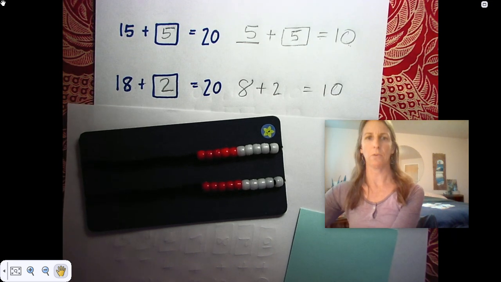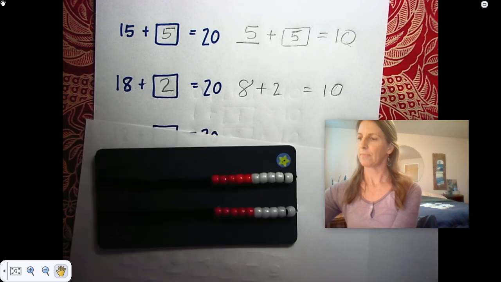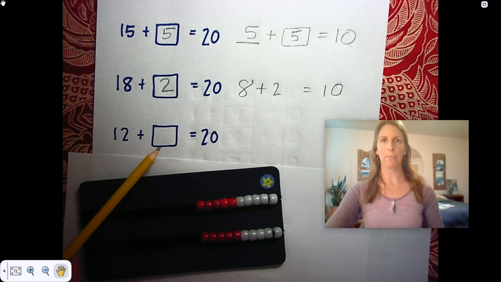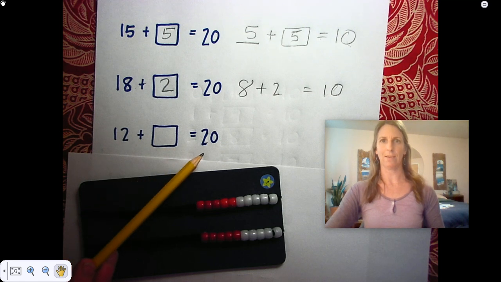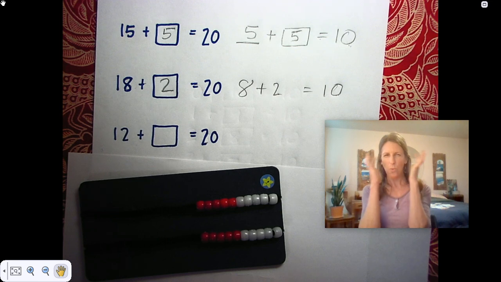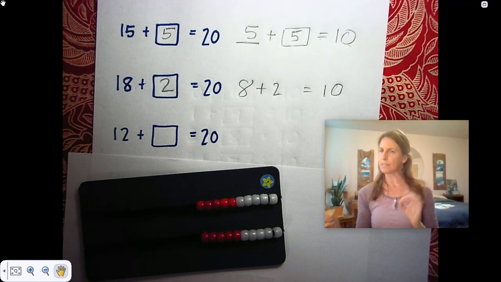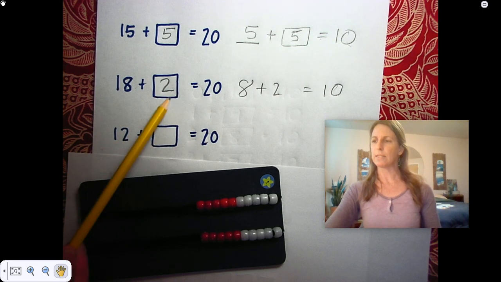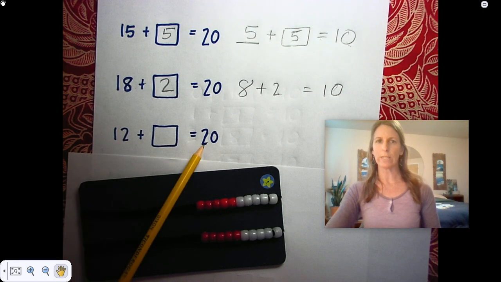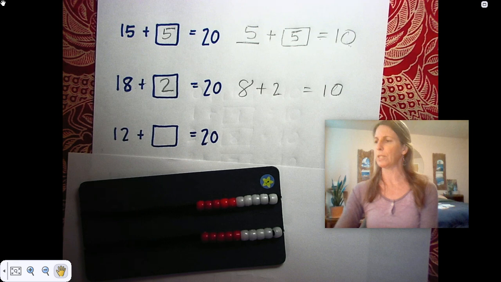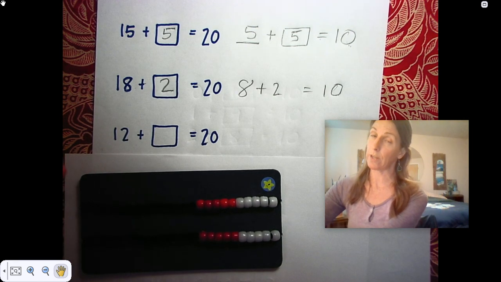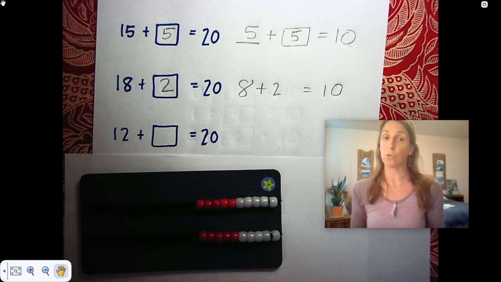Okay, next one. Get ready to write it down. 12 plus some number equals 20. I don't know. I'm seeing some similar numbers to this equation right here. I'm seeing 2s and 20s and what could it be? Well, you could count on with your fingers if you want to from 12.